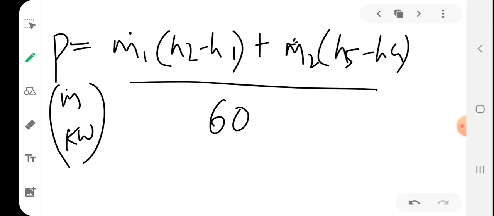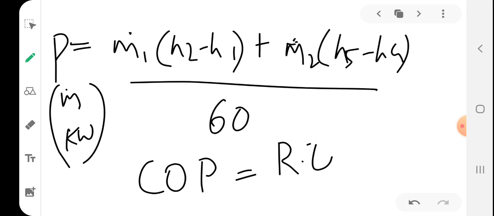You are very familiar with those calculations, so no worries about those. So COP can be obtained by the refrigeration effect divided by the total work or power. So that's all about two-stage compression with the flash intercooler.